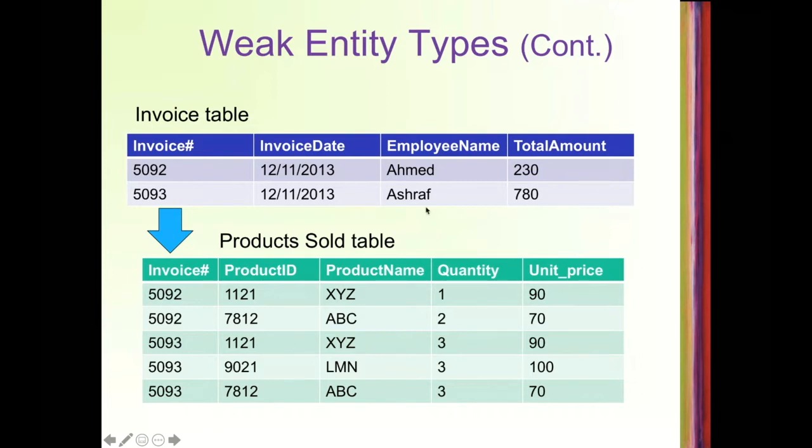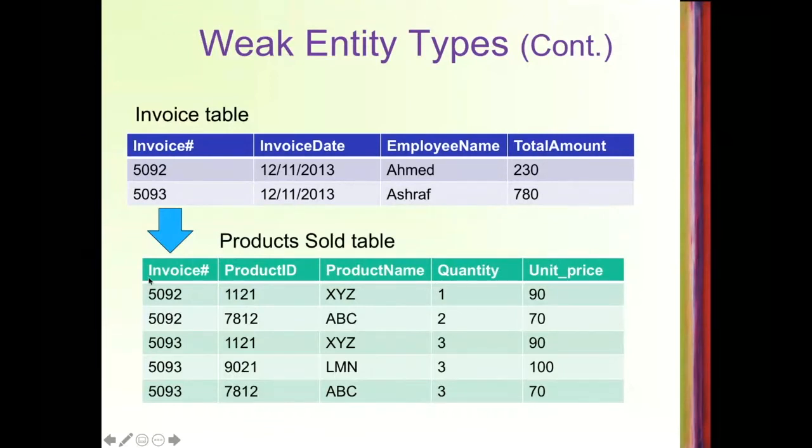So this table, the products sold, cannot exist independent of the invoice table. So this is a weak entity, a weak table, and that is the strong entity. When we are creating databases in Oracle or any other software like that, we copy something from the strong entity, the parent entity, into the dependent or weak entity.